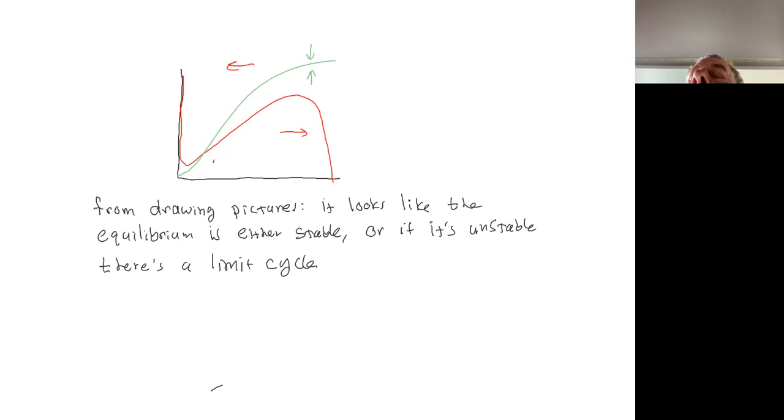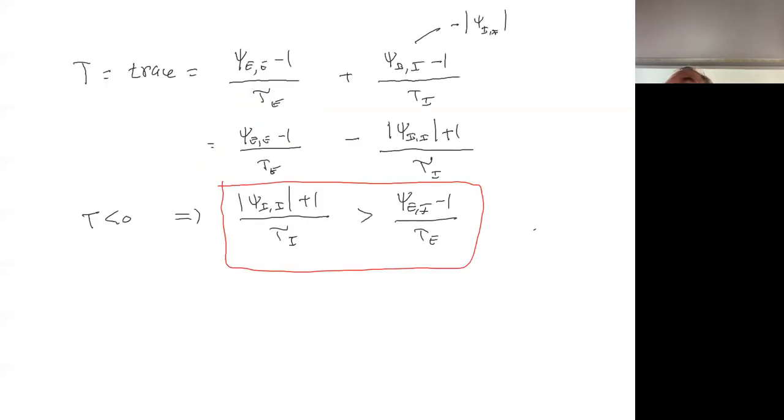Remember, we're pushed to the right. What this expression says is that either the inhibitory time constant is really small, or these gain functions are really steep. A big term means we're attracted very strongly to the inhibitory null line.